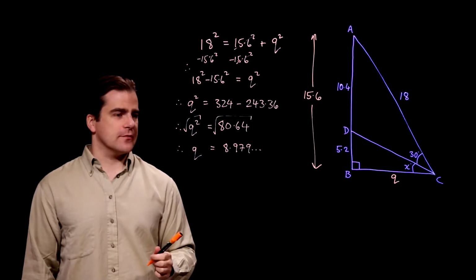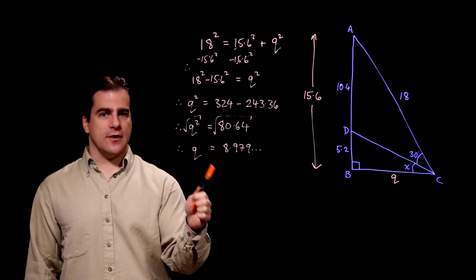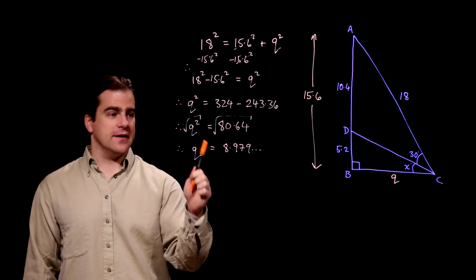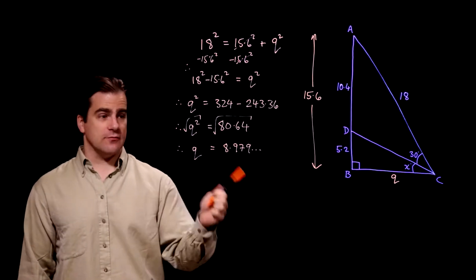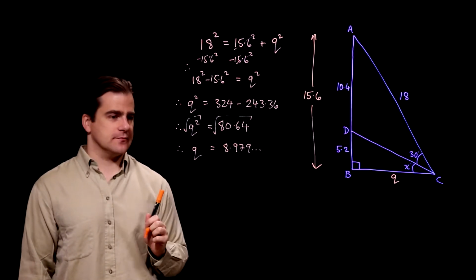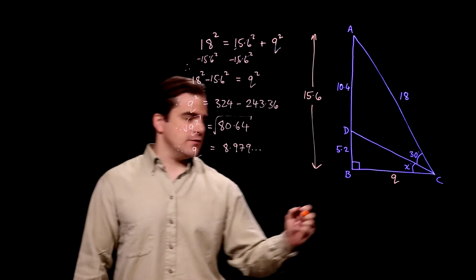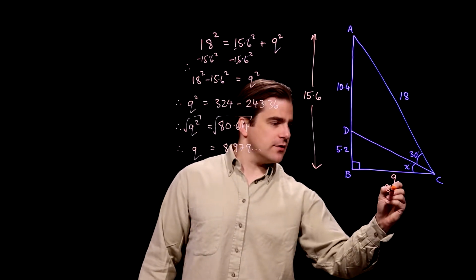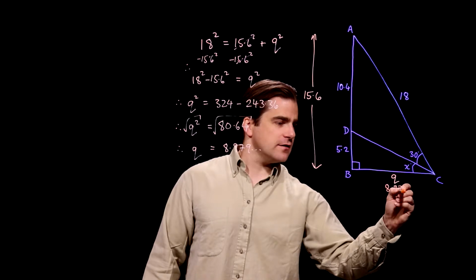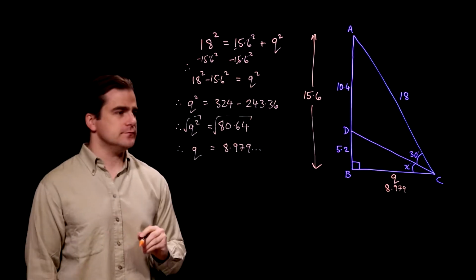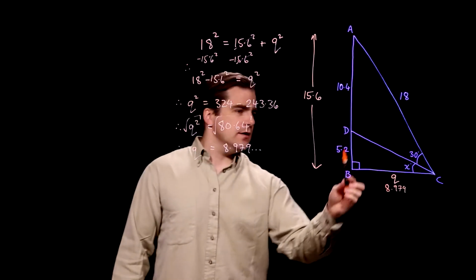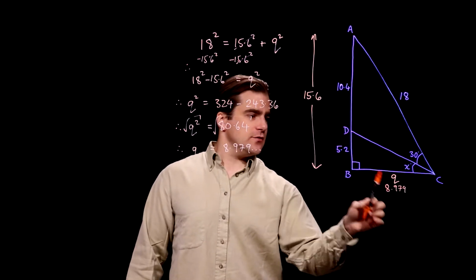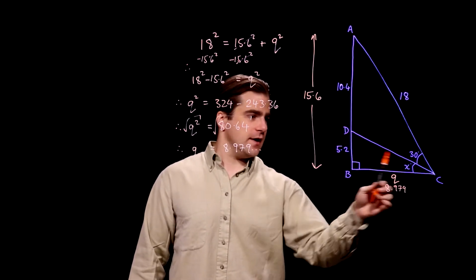So make sure you know how to use your calculator properly and get that in the memory so you can recall it later. Okay, so q is 8.979 whatever.